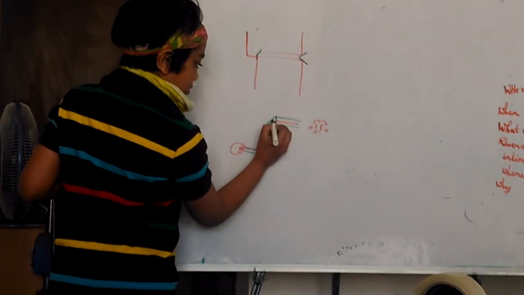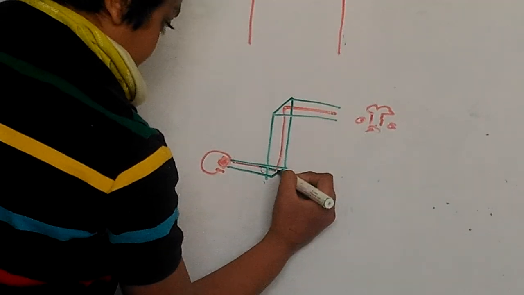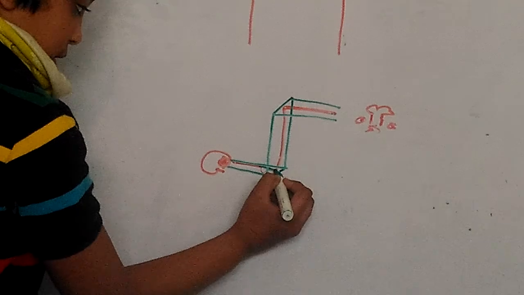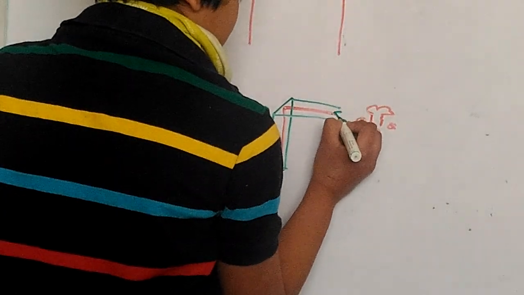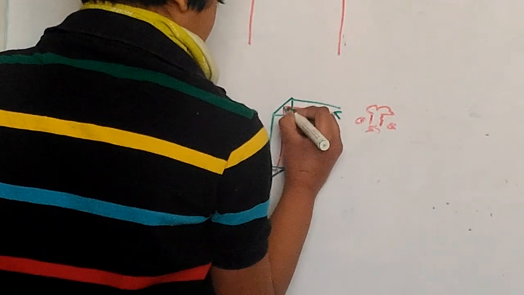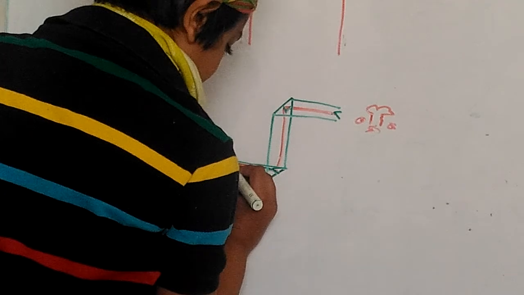So this captures and hits this mirror, and this again reflects to this mirror. Mark arrows. This comes here. This comes here. This comes here. And we can see it.